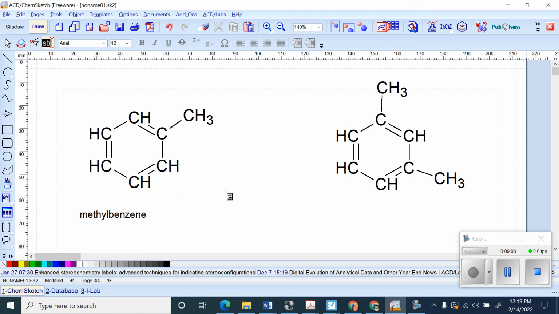This one's really common, and it's often called just toluene. We'll use the IUPAC name, which is methylbenzene. So one group on a benzene ring: methylbenzene.